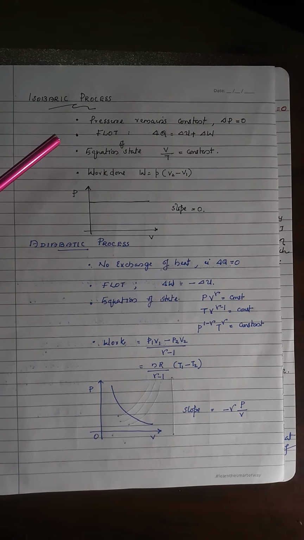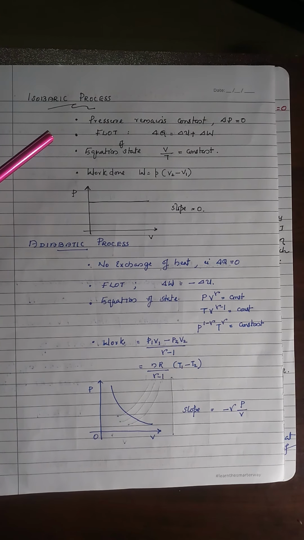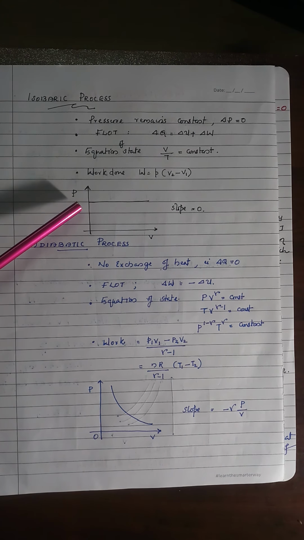The first law of thermodynamics stays as delta Q is equal to delta U plus delta W. Look at the equation of state: the pressure is a constant, and hence we can say V by T is a constant. Simply, the work done takes the formula P into V2 minus V1. And here the pressure is constant, so the PV diagram is like that. The slope becomes 0, tan theta becomes 0.